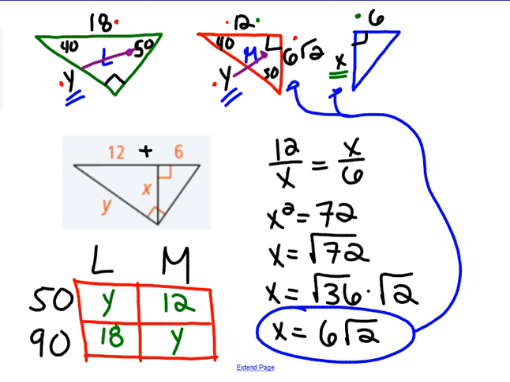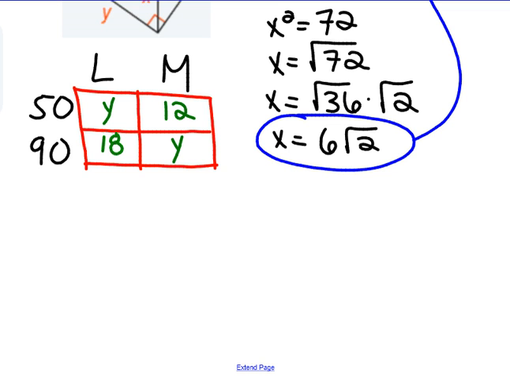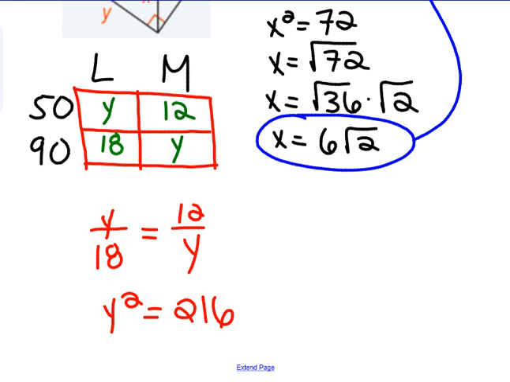So we're going to use that to solve for our geometric mean. So we can do y over 18 equals 12 over y. We're going to cross multiply, and we'll get y squared equals 216.